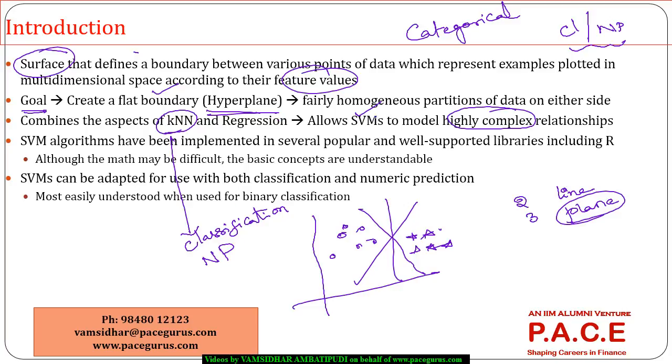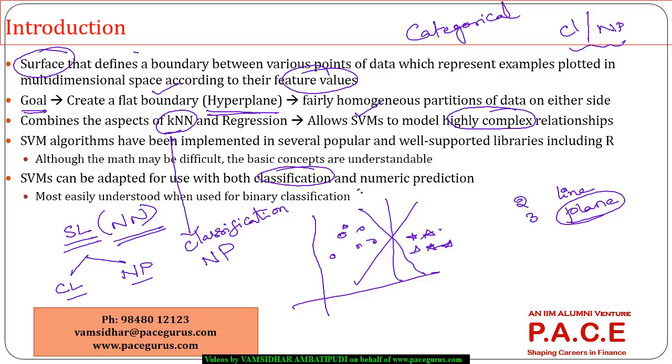So that's where SVMs can quite comfortably be used, for any kind of supervised learning process, whether my objective is classification of the data or a numerical prediction. In both cases I can very well use support vector machines, just the way I have used neural networks as well.